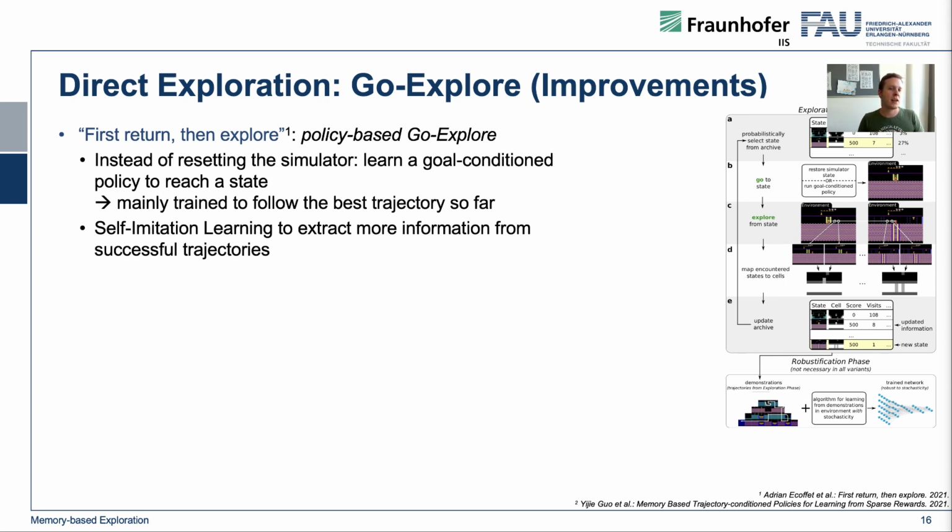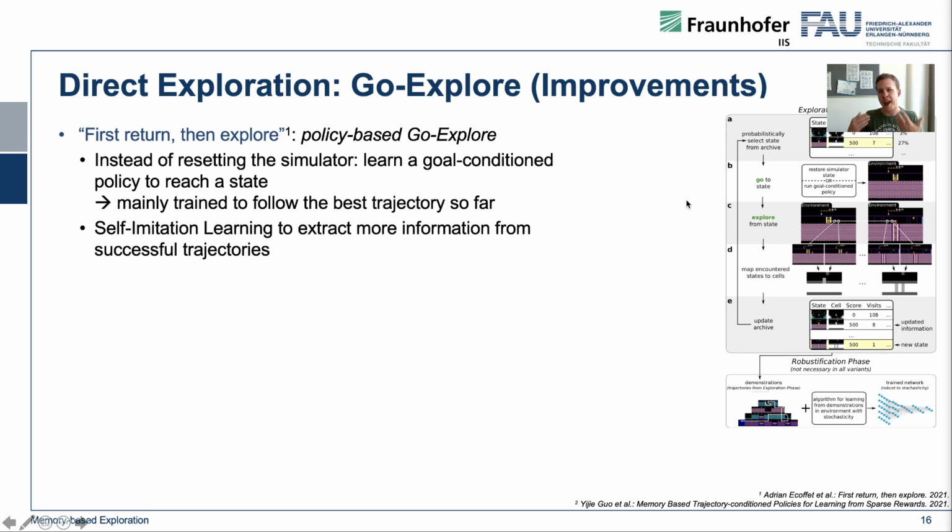So we have the trajectory that led us to reach a state, and through the backward algorithm we initialized our simulator and tried to reach it. However, what they propose is, instead of resetting the simulator all the time, we learn a goal-conditioned policy that learns to reach a certain state from another state.